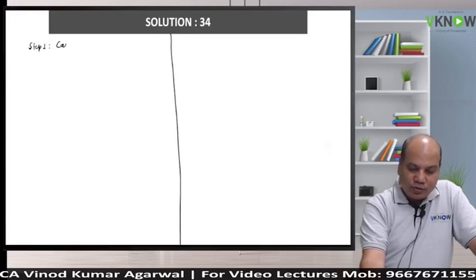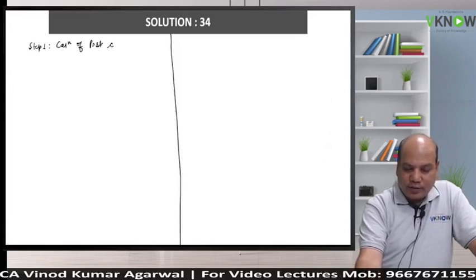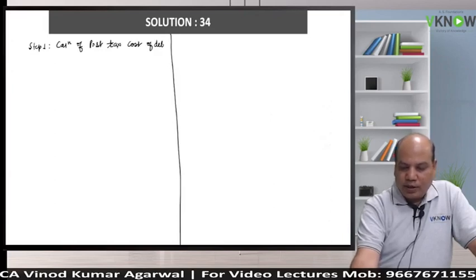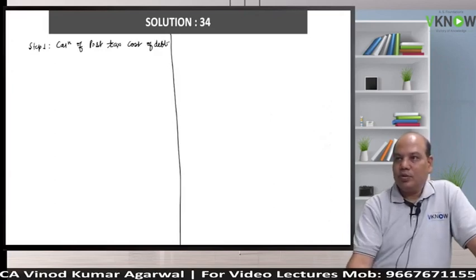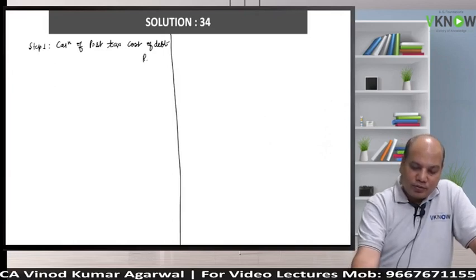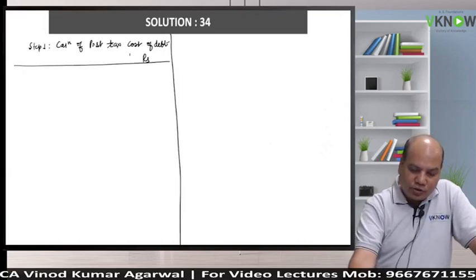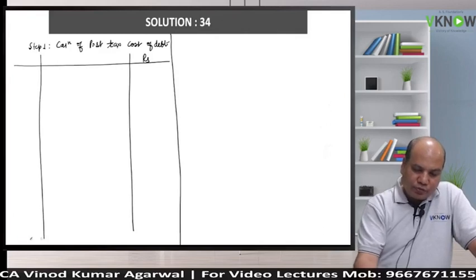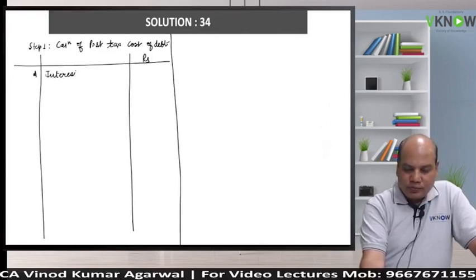Calculation of post-tax cost of debt. They have just simplified the previous problem. So this is another format in which this question can be asked. Write down first, point A, interest.